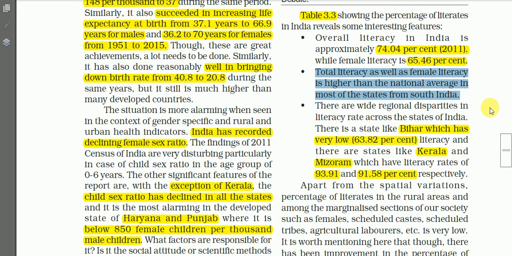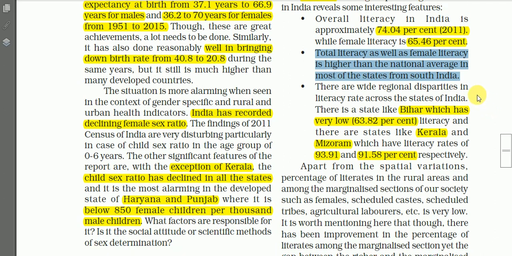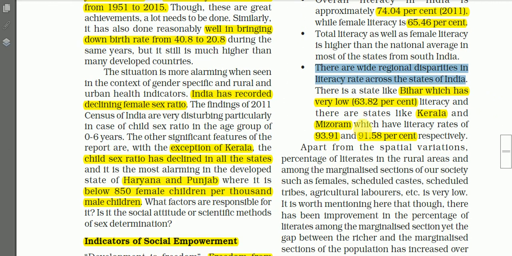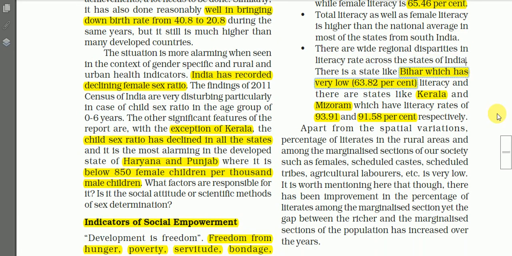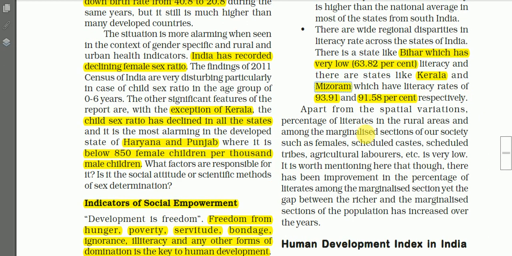Total literacy as well as female literacy is higher than the national average in most of the states from South India. That means southern states have a higher literacy rate than the northern states. There are wide regional disparities in literacy rate across the states of India. We find a lot of variation in the literacy rate in different states. As we have known earlier, there is a state like Bihar which has a very low literacy rate, 63.82%, and states like Kerala and Mizoram which have literacy rates of 93.91 and 91.55% respectively.